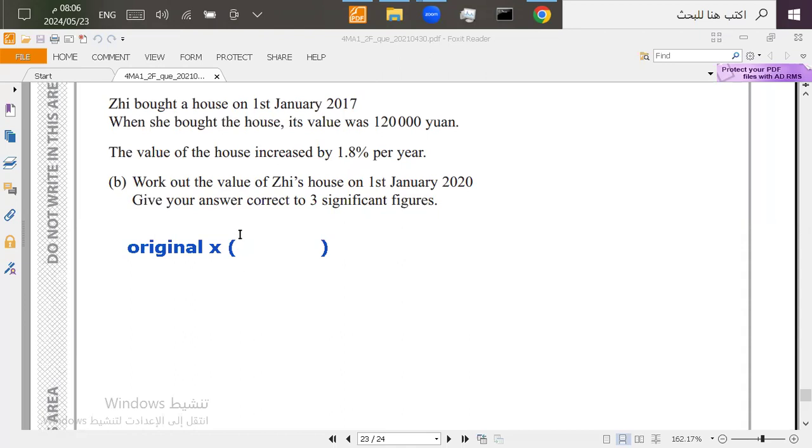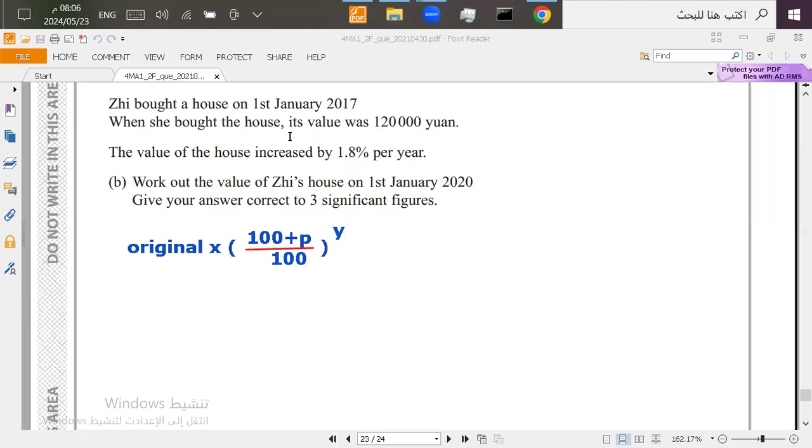You can do it like this, which is 100 plus percentage over 100. Same idea as 1 plus percentage over 100. So it will give you the same idea, okay? Now, the P is percentage, which is 1.8 here. And then the power will be the number of years. So here you're going to use the number of years as a power.